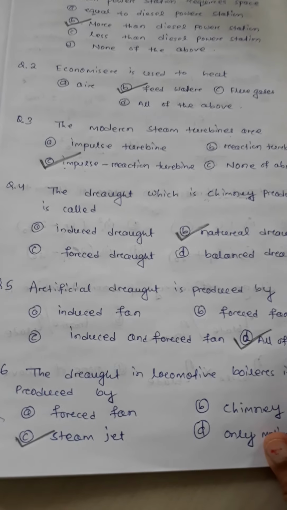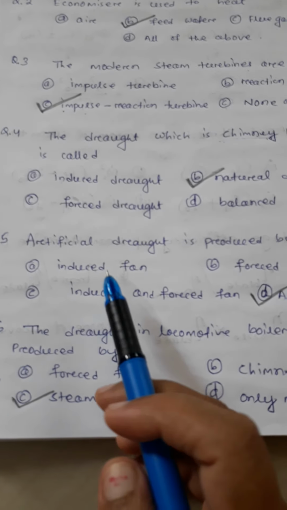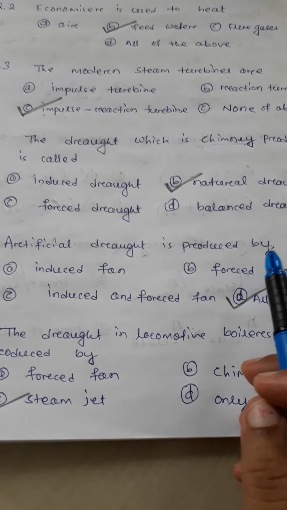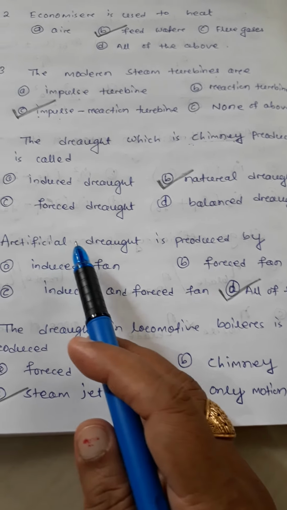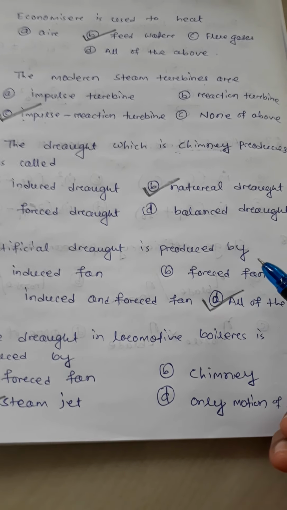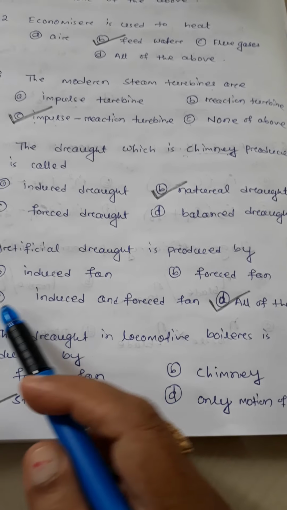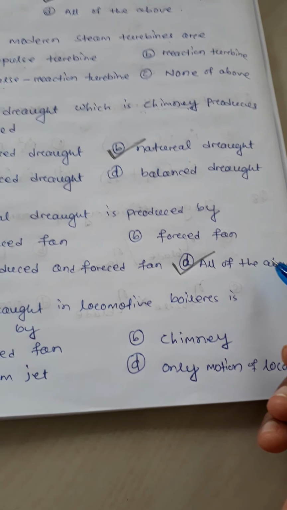Next is question number 5: the artificial draught is produced by. Natural draught is produced by means of chimney, but how is artificial draught produced? The options are induced fan, forced fan, C induced and forced fan, and last one is all of the above.